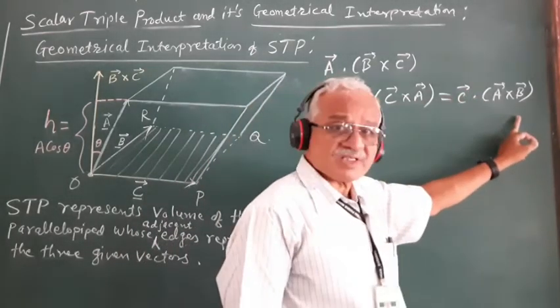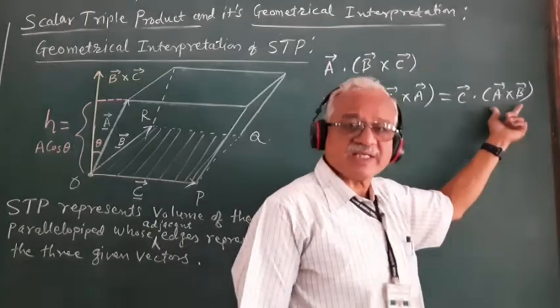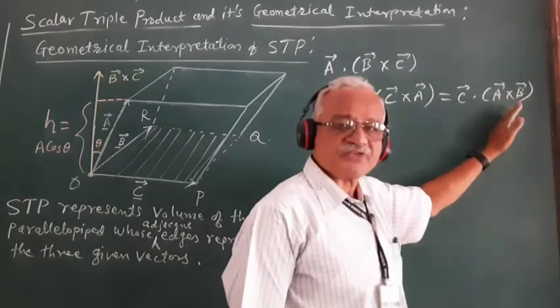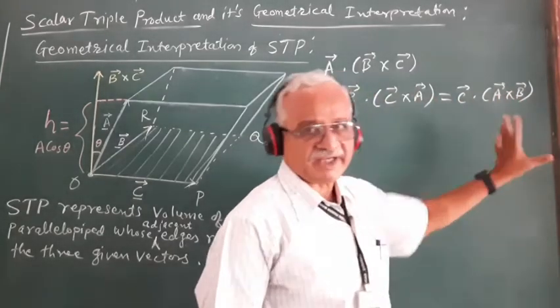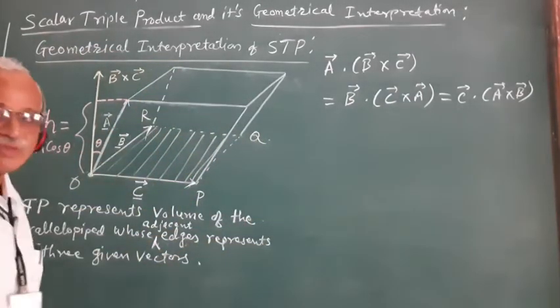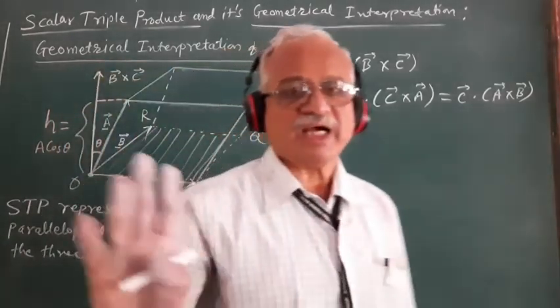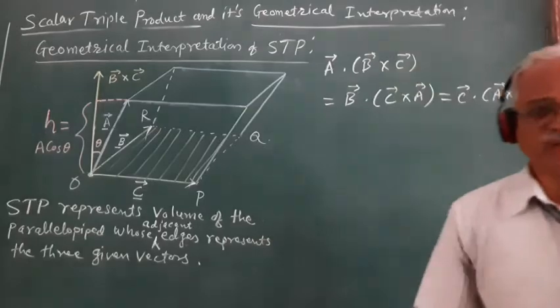And in the third scalar triple product, the plane of a bar and b bar is treated as the base of the parallelepiped and the direction perpendicular to this plane is taken as the height. So out of these six faces of the parallelepiped, we can treat any one as the base and the perpendicular direction can be treated as the height.